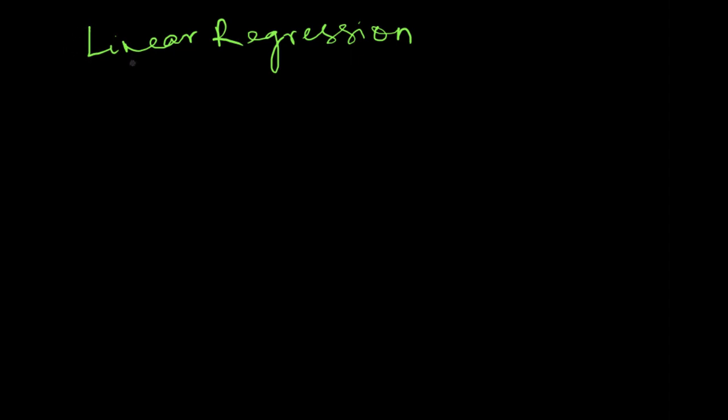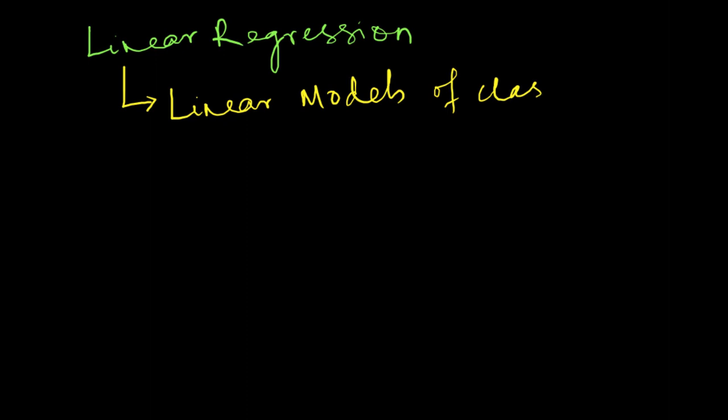Now as we move on from linear regression, we come to what are called linear models of classification. So notice we have come from regression to classification. The linearity still remains.